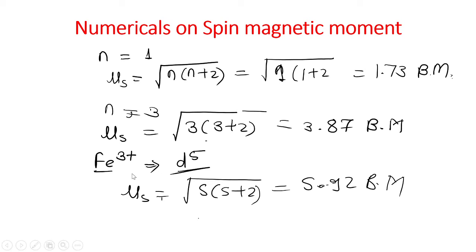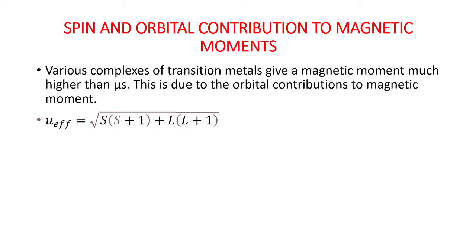Again, if this metal ion is attached to ligands, or is in complexes, then the value of μs is going to change, depending on high spin and low spin complexes. Next one is about the spin and orbital contribution to magnetic moment.